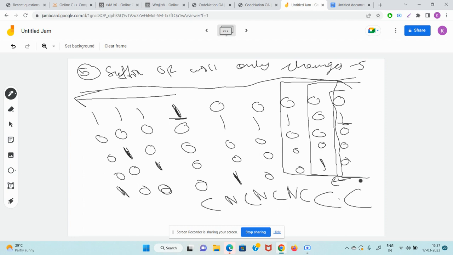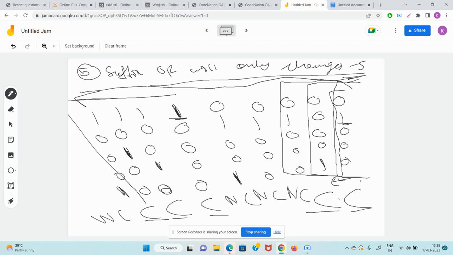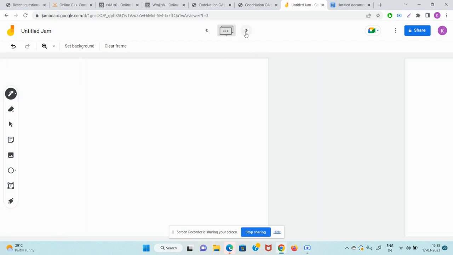Here it changes, C. Here it changes, C. Here it changes, C. Here it doesn't change, NC. Guys, can you see the number of C? 1, 2, 3, 4, 5. So suffix OR changes for only 5 times, if each number can be represented by 5 bits, no matter how long the array is.